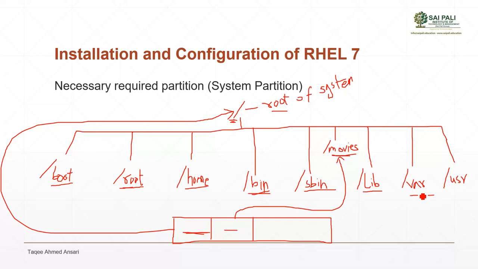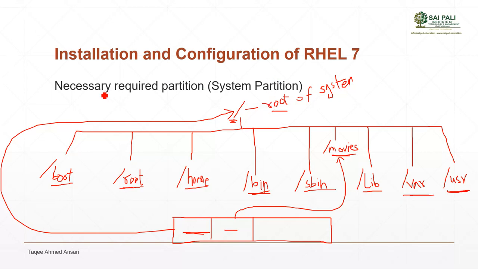Like when you create a database server, Oracle server, mail server, or web server, all the data for those servers by default goes to this var directory. The usr directory will contain all the other software you have on your system. So when you install any other software, it goes here. All the resource files go to this usr. You can assume this directory is like the Program Files directory in Windows.